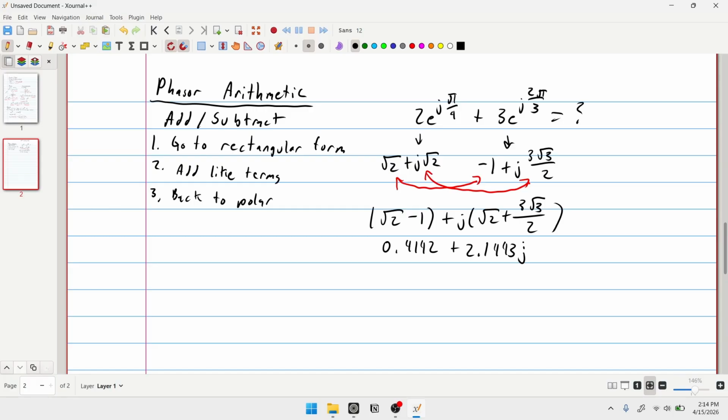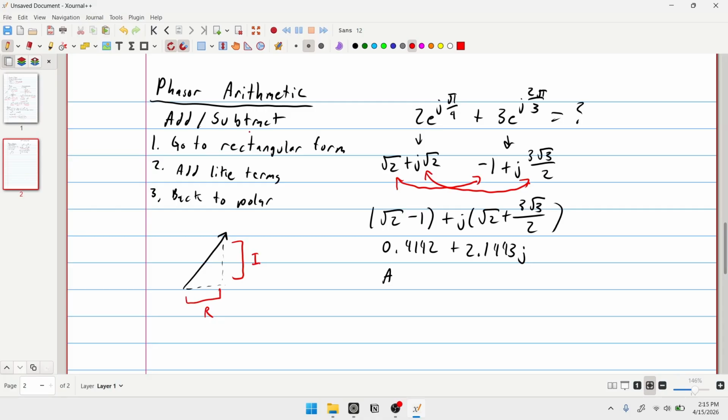And if you want, we can turn this back to polar. We get our amplitude. To find the magnitude, let's go back to our representation. Here we have the imaginary part. Here we have the real part.